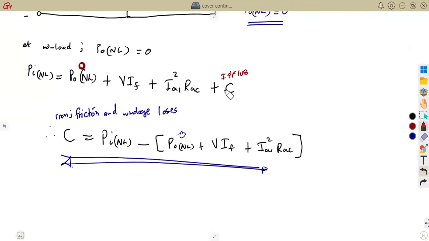All right, let me bring it down here. From the no load conditions, this is what you're going to have at the end to obtain the iron, friction, and windage losses. But the output at no load, remember, it's 0. So you can just ignore that one. Or just have your formula, guys. It's in your hands.